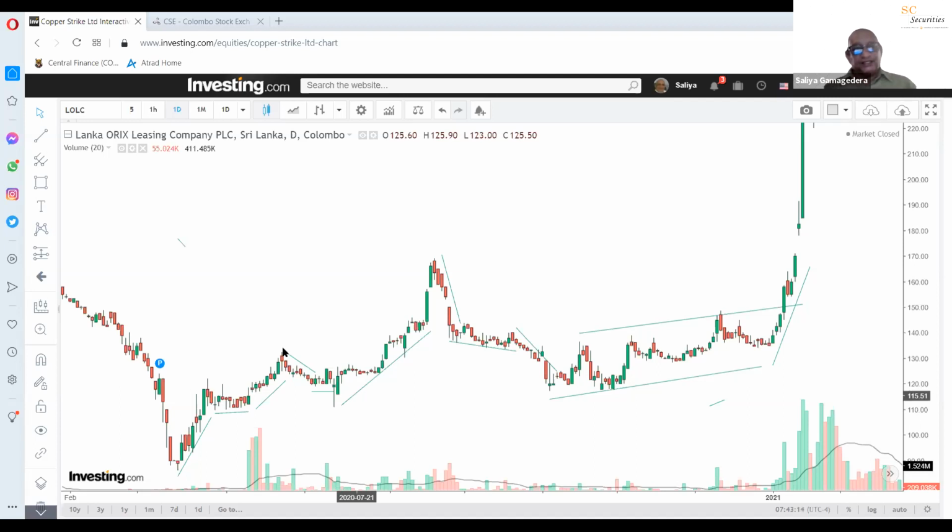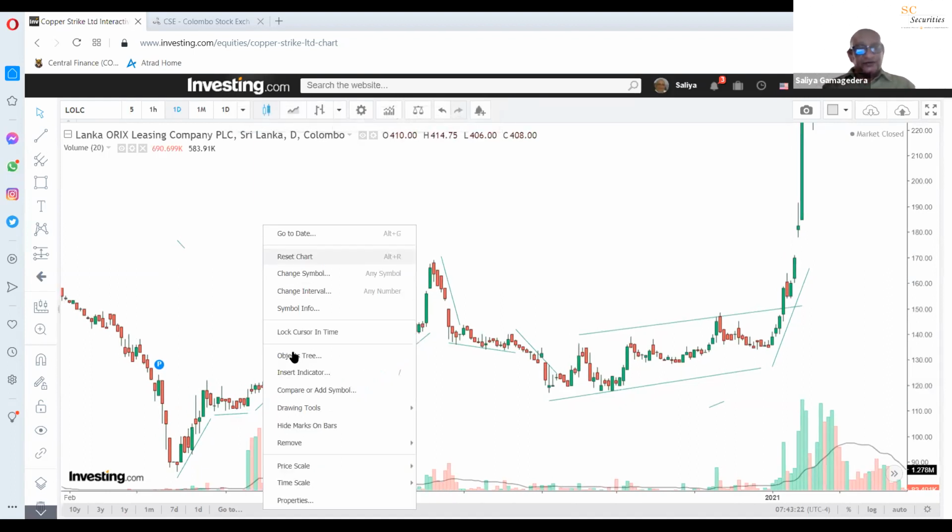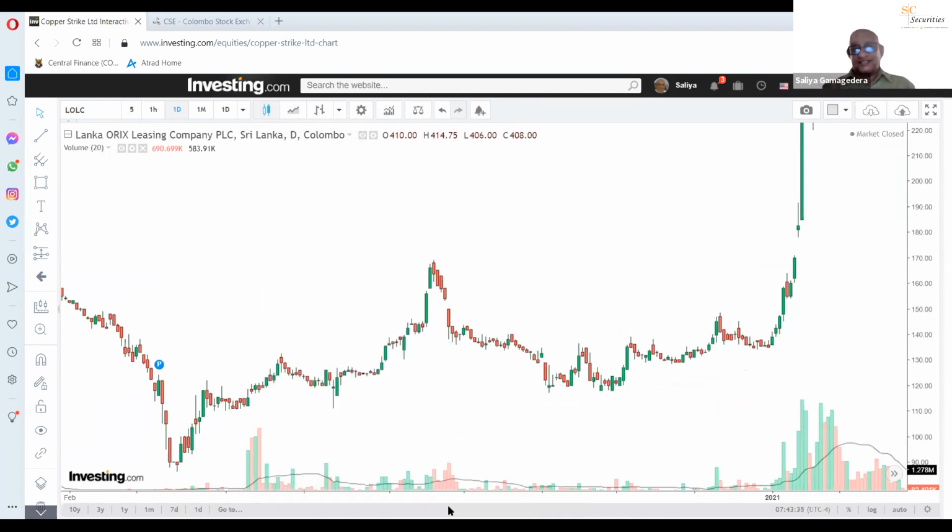In a downtrend, when the trend reverses, only when the resistance point in that downtrend is broken out, then only a reversal takes place, right?